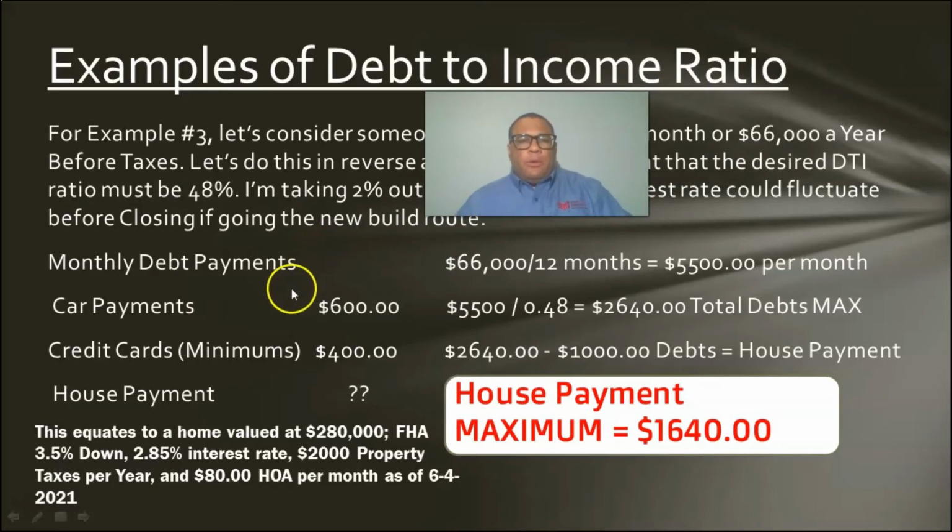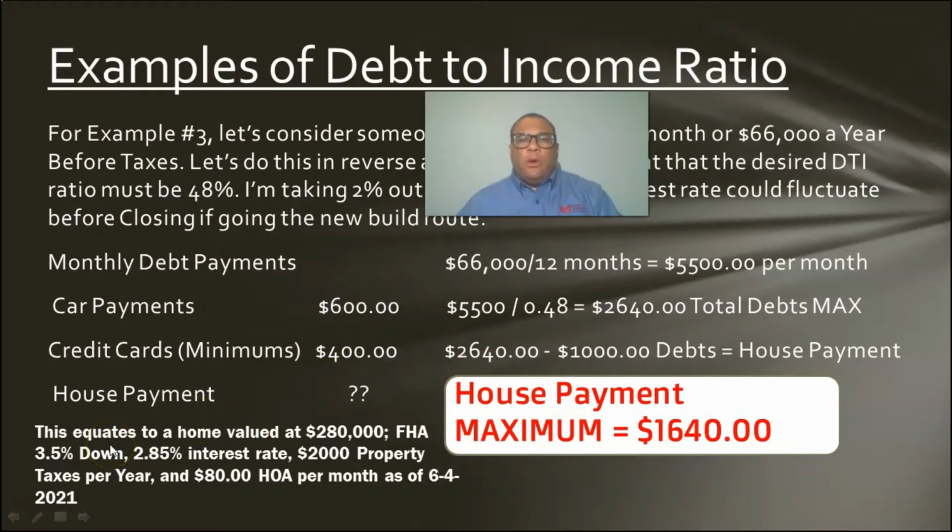In this example, monthly payments: car payment $600, credit card minimums $400, and what's the house payment? $5,500 times 48%, 0.48, equals $2,640 in total maximum debt payments. $2,640 minus the $1,000 in debt payments we have over here equals $1,640, which is the maximum house payment, if we did nothing with these things.